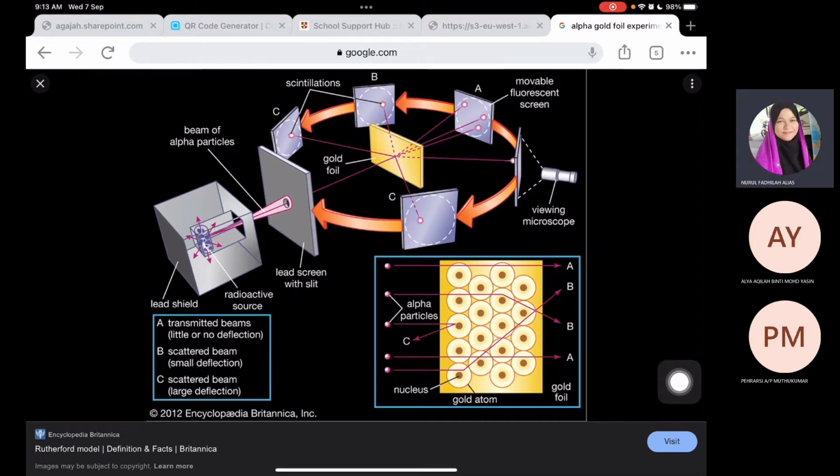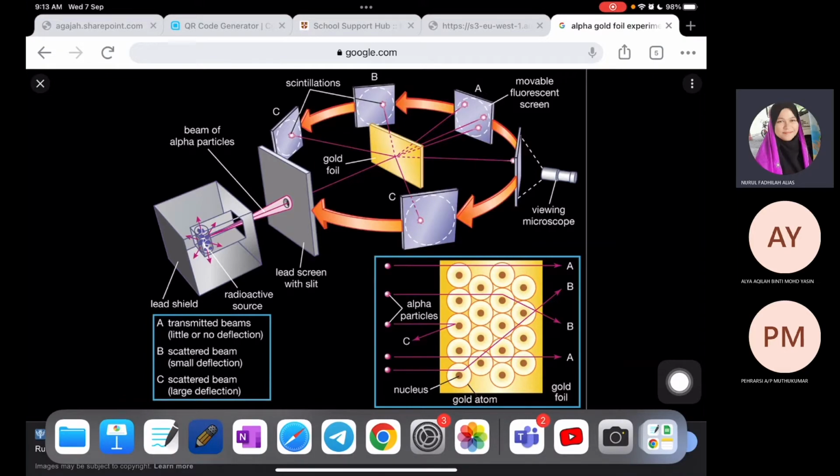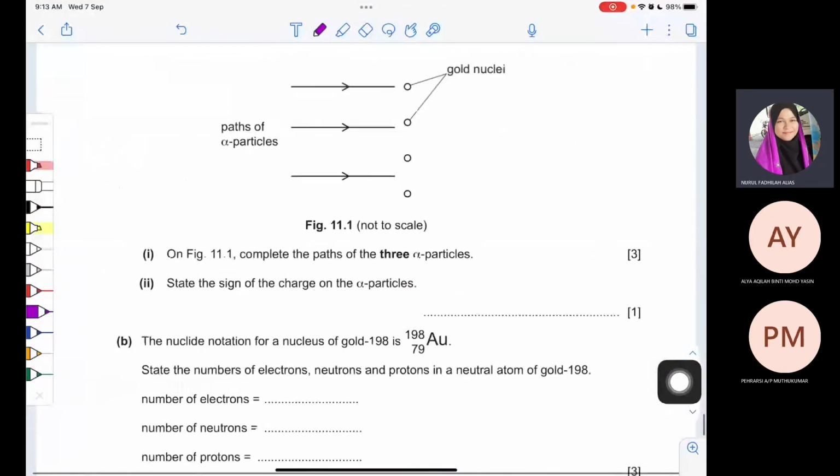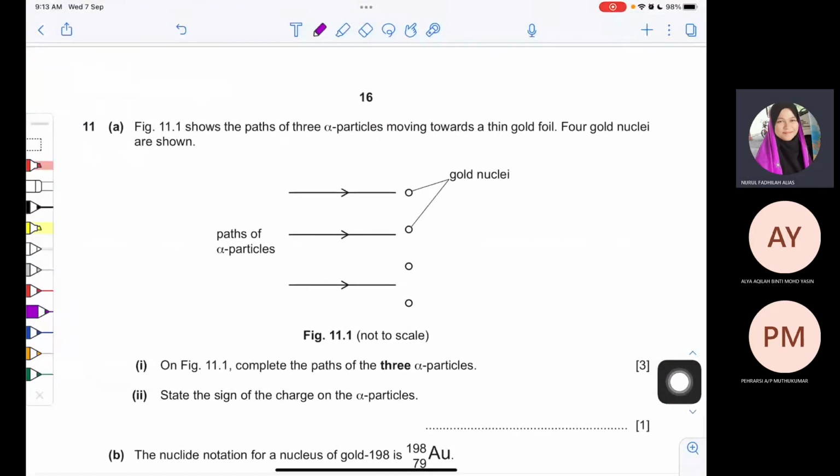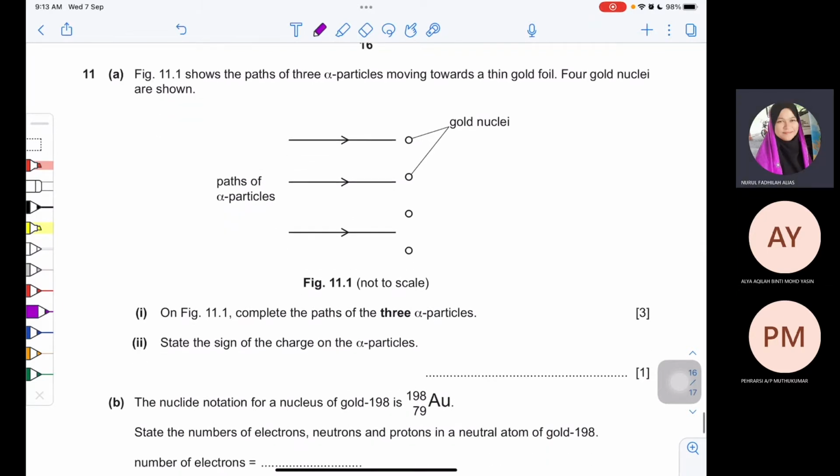Okay. Next. Jawab soalan ni. So ni soalan biasa lah. Figure 11.1 shows the path of 3 alpha particles moving towards a thin gold foil. 4 gold nuclei are shown. On figure 11.1, complete the path of the 3 alpha particles. So this is easy. You can show any of these.